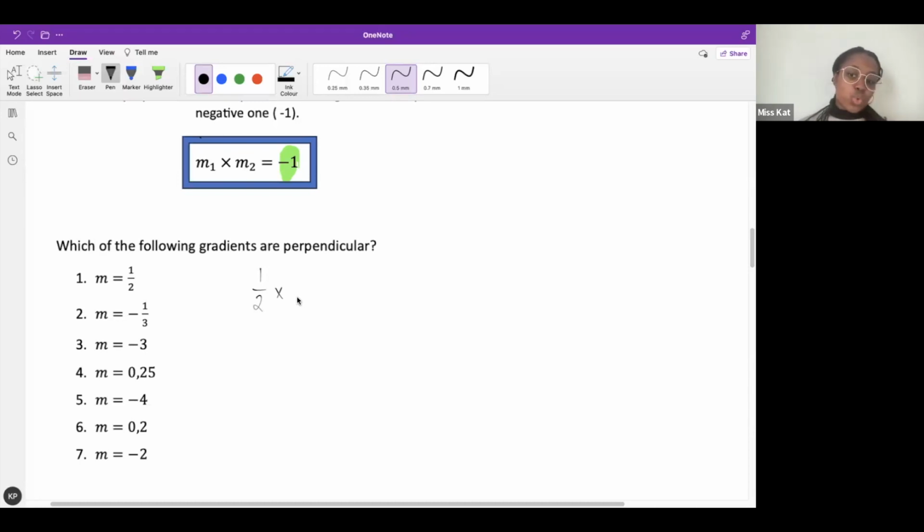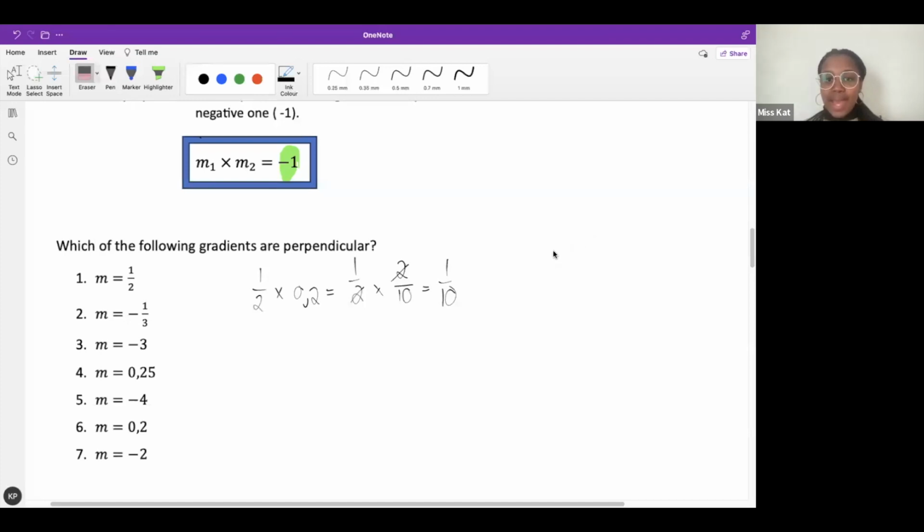Okay, 6 is 0.2. Now a half multiplied by 0.2 equals 2/10. These twos are going to cancel out. That's 1/10. That's definitely not -1. So those two lines we know for sure are not perpendicular to one another. Thank you for trying, Zianda.